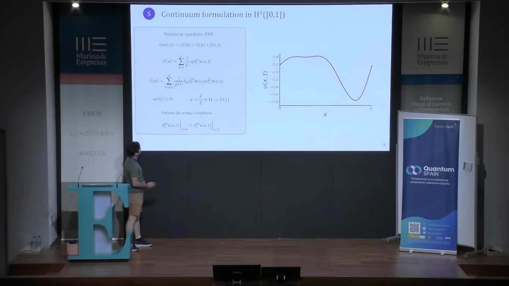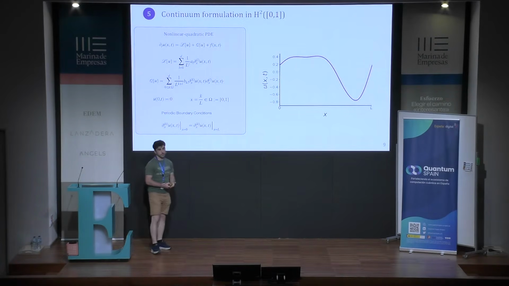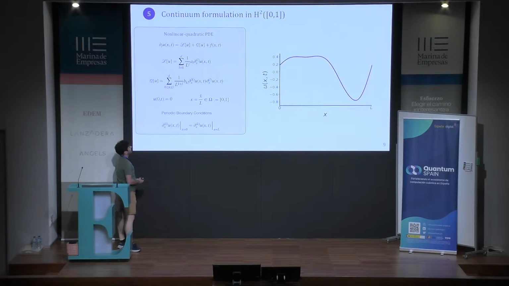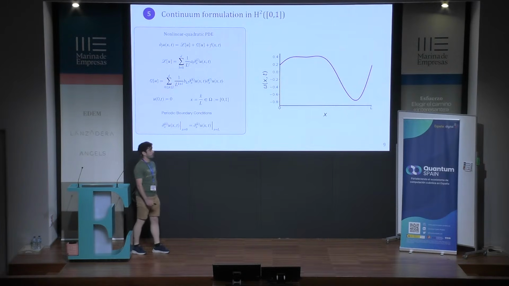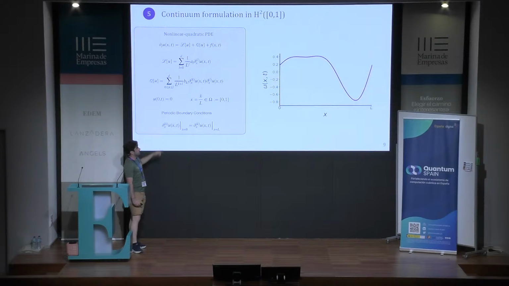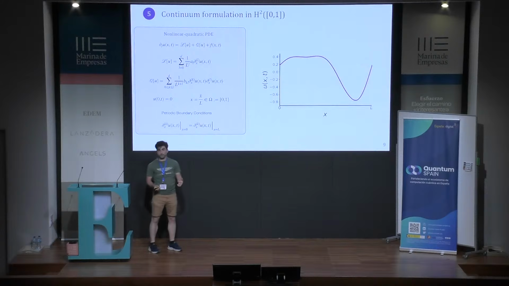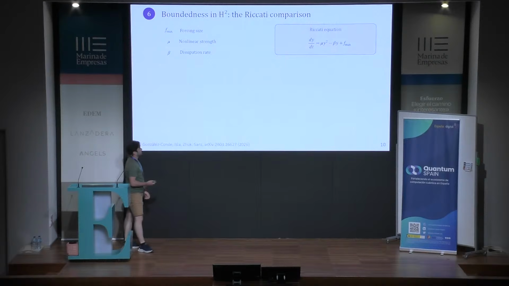Therefore, in order to overcome this problem, what we have done is to move this analysis to the continuum, to the Sobolev space, in this case the Hilbert space H^1_0. We have formulated the linear operator and the quadratic operator in a continuum way, using periodic boundary conditions, and tried to obtain these two results in the continuum, without depending on the discretization.